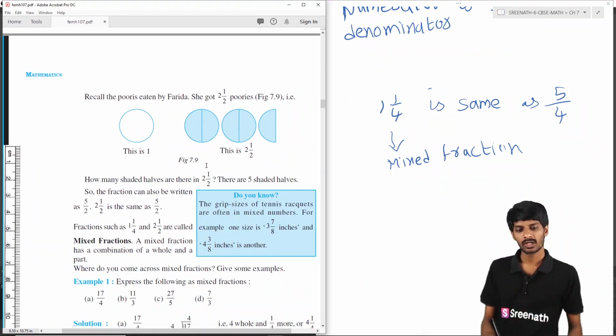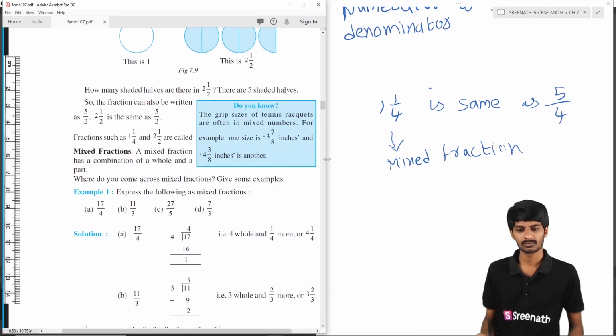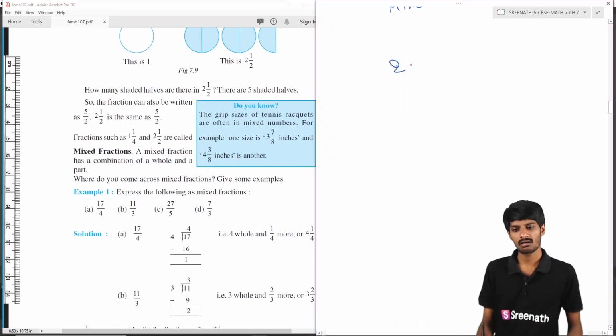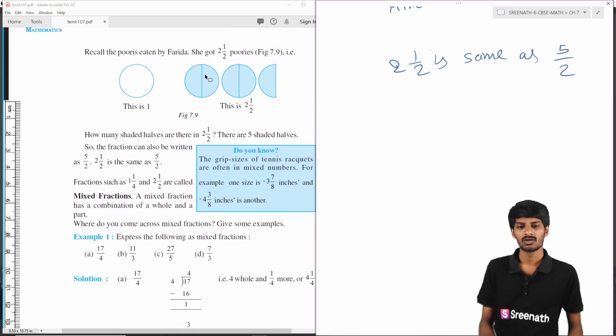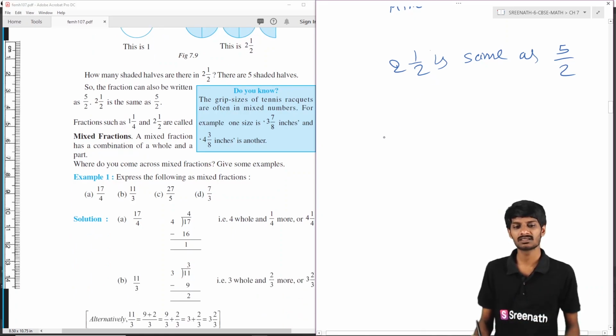Okay, and we can also write that 2 and a half is the same as 5/2. 5/2, students. There are 5 half parts like that. So these are called mixed fractions, students.